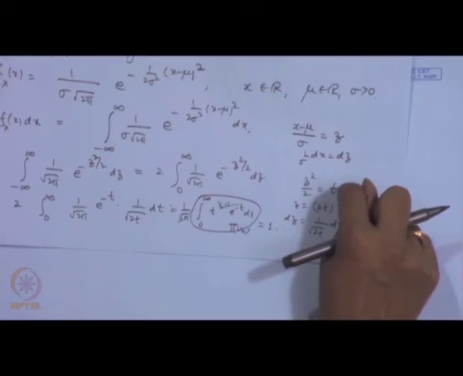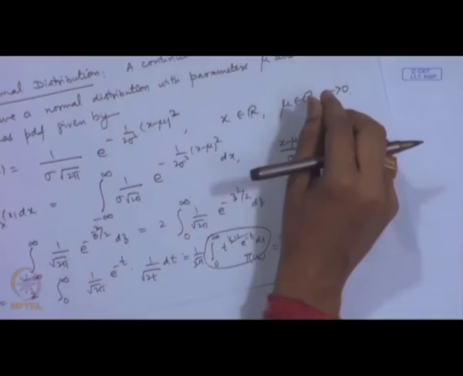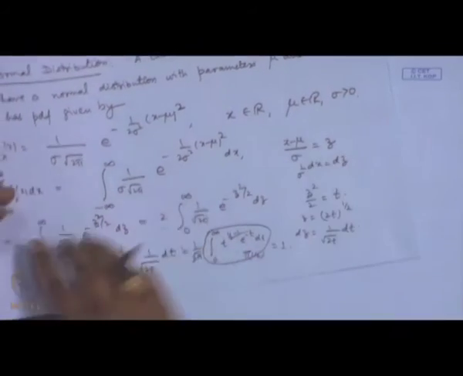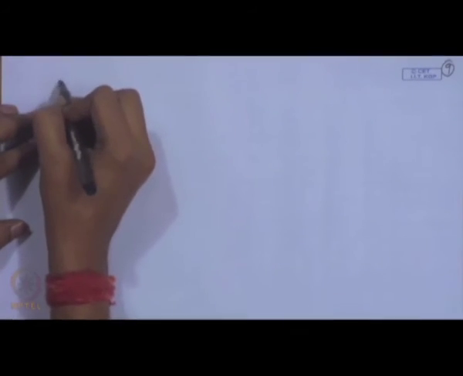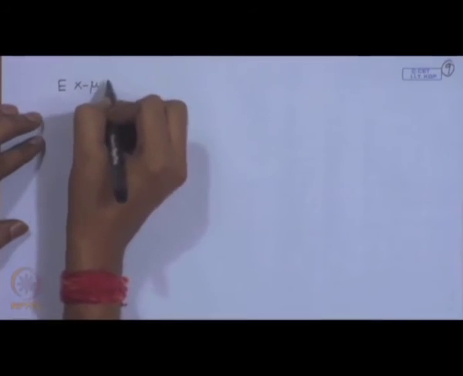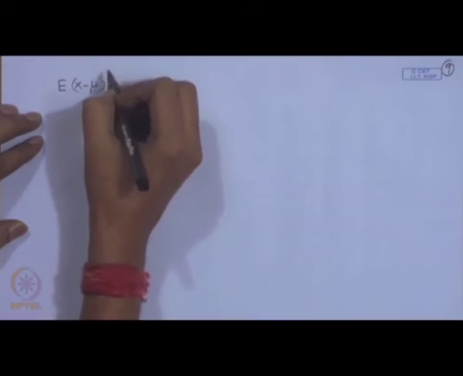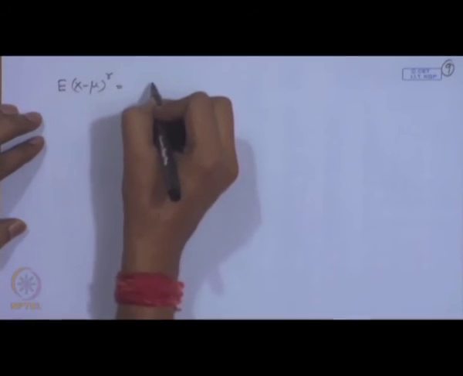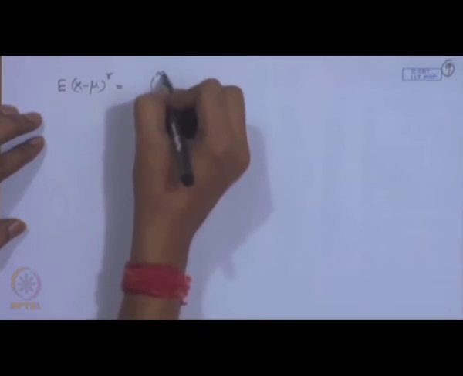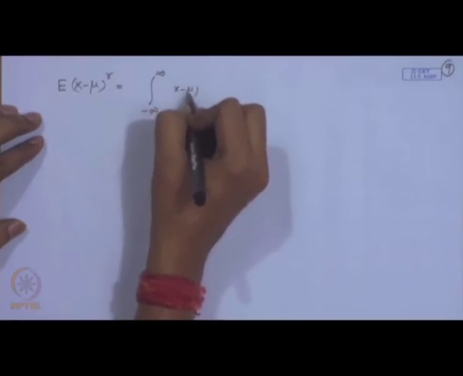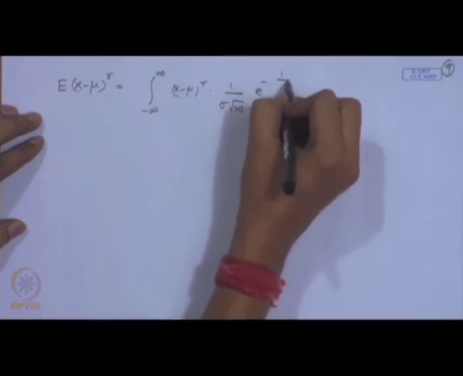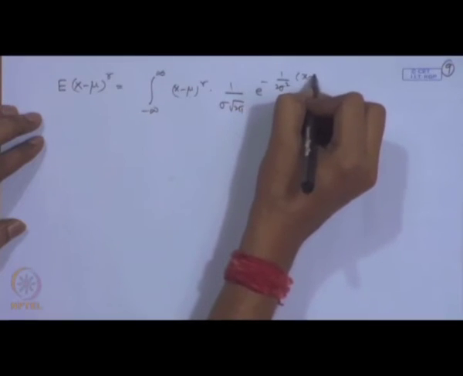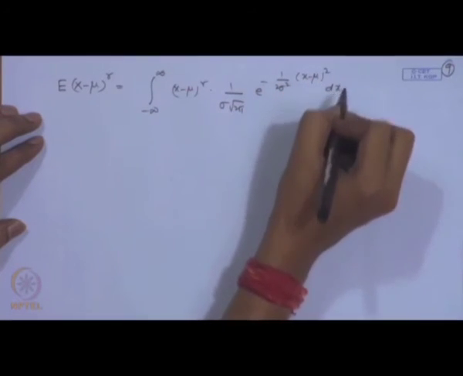Now, let me give you the moment structure of the normal distribution. Let us consider the expectation of (x minus mu) to the power r, then that is equal to the integral of (x minus mu) to the power r 1 by sigma root 2 pi e to the power minus 1 by 2 sigma square (x minus mu) square dx.